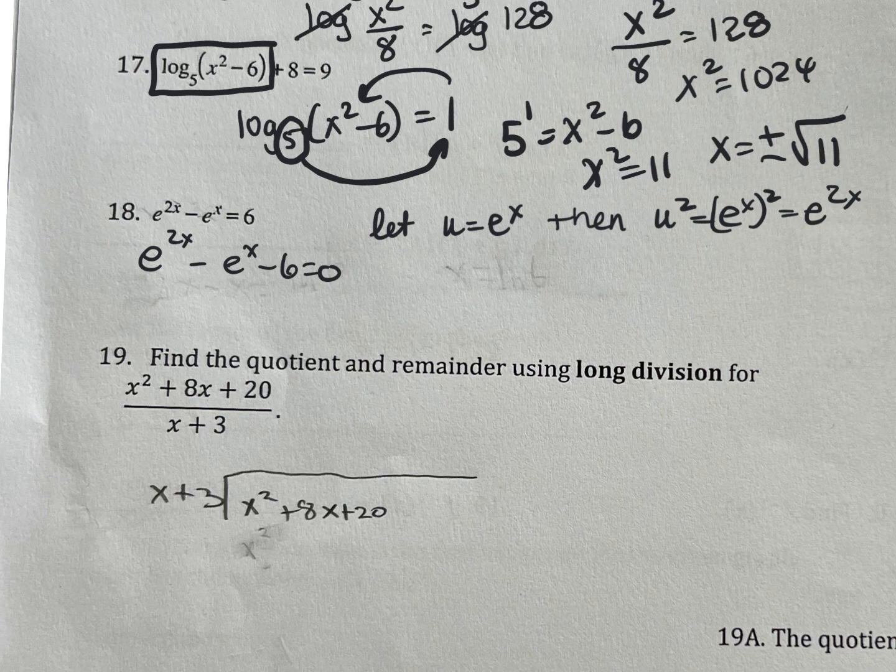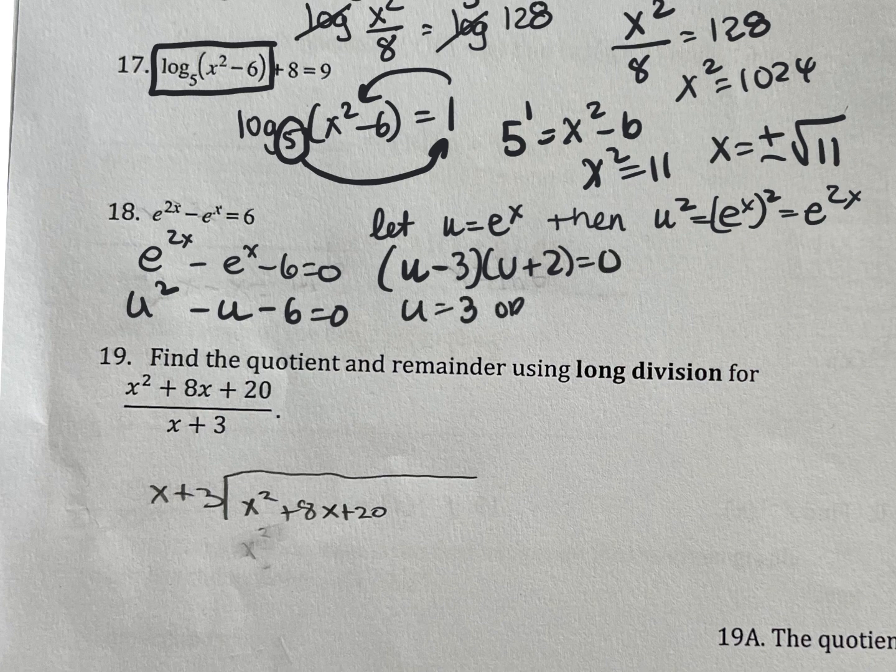So this becomes u squared minus u minus 6, which we know how to solve. This is u minus 3 and u plus 2. So u equals 3 or u equals negative 2.